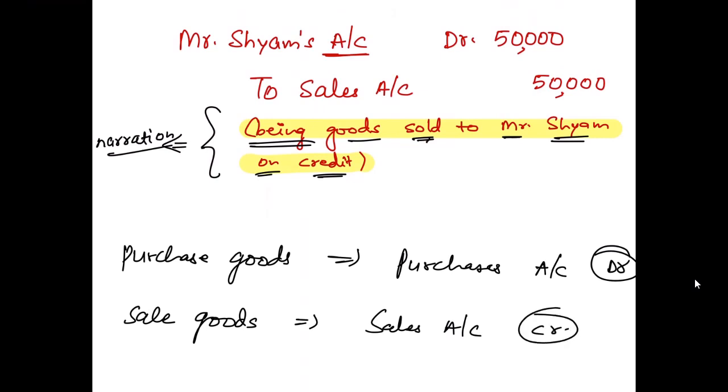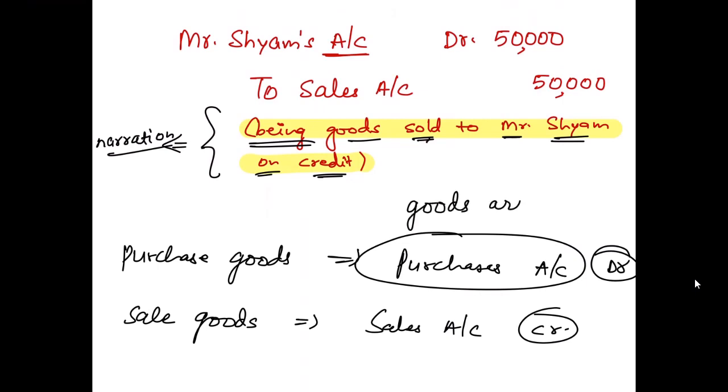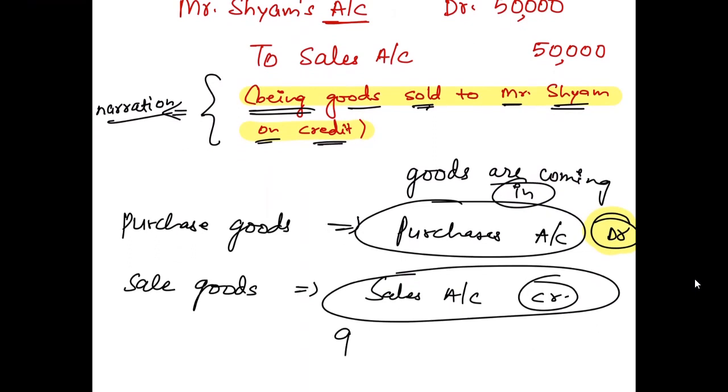Because in purchases, the goods are coming in, so as per the rule, debit what comes in. And from the sales, the goods are going out, so this would be credited. That's the reason it is being credited.